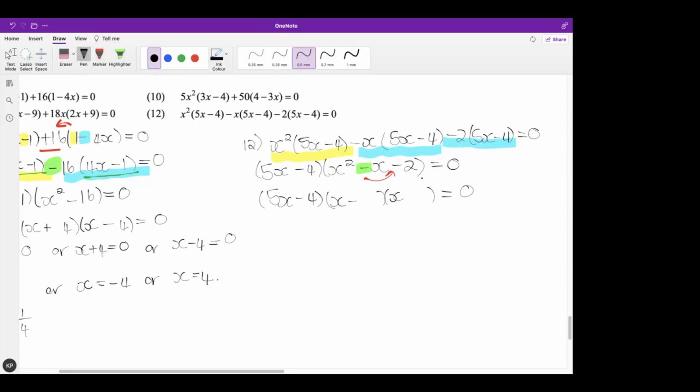Changing to a positive. Great. And 2 only has 2 factors, which is 2 and 1. Which of them are negative? Negative 2. Nice. Because if you add these, we want to get an answer of negative x or negative 1. All right. And then I have my 3 factors. They're equal to 0. So what do we do now?